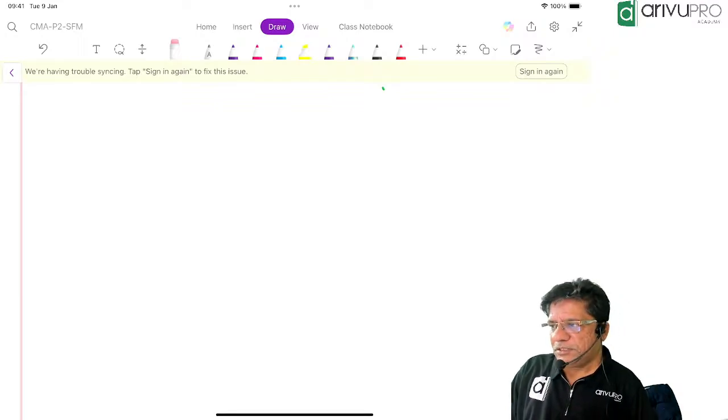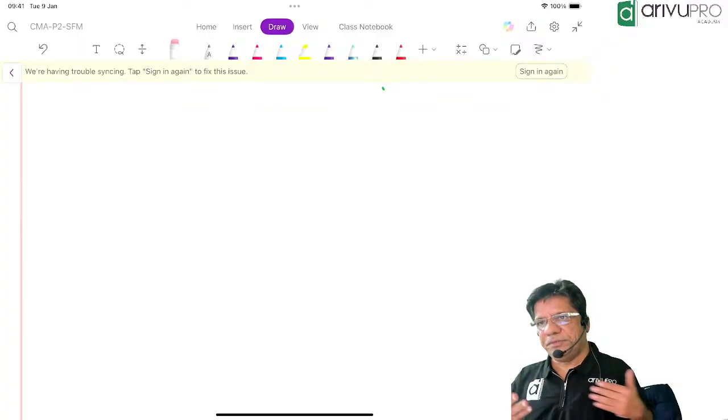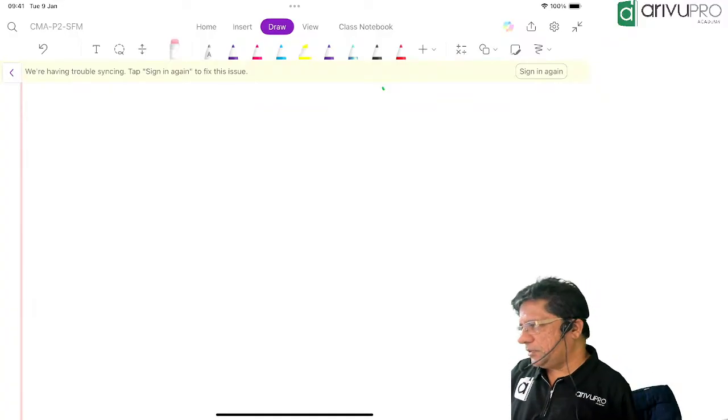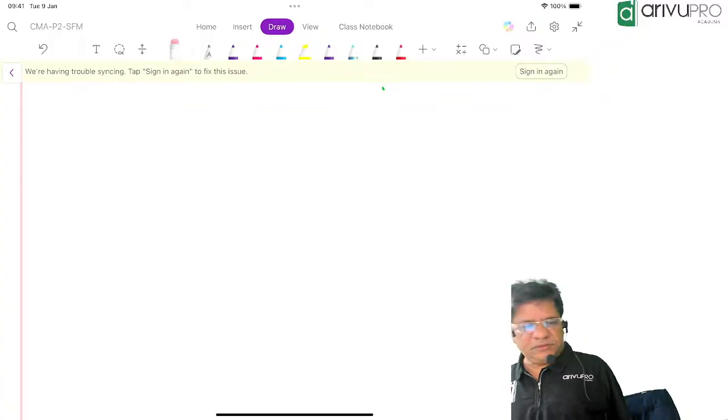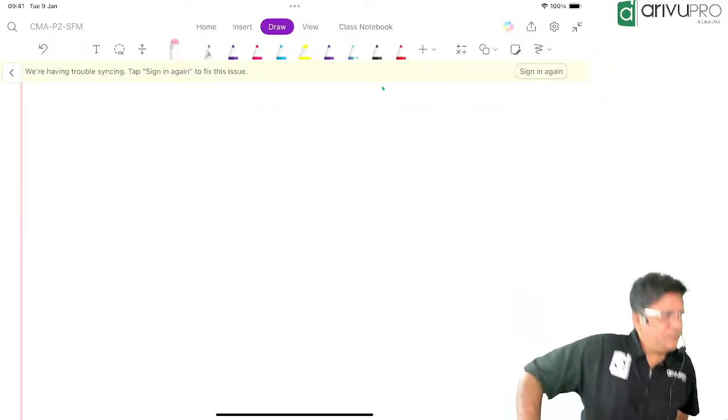So next set of ratios, activity ratios. We'll be going very deep into liquidity ratios. What we did just now are basic liquidity ratios.